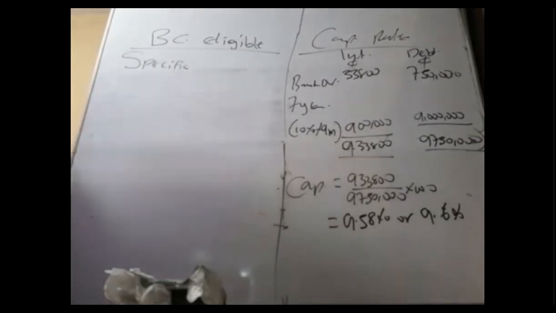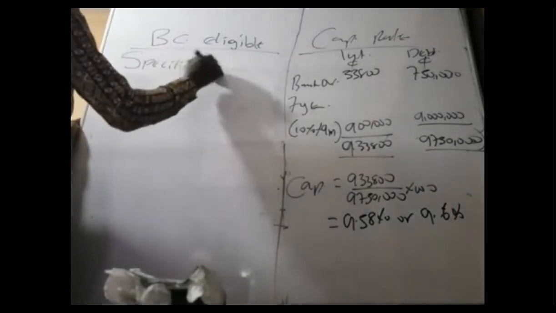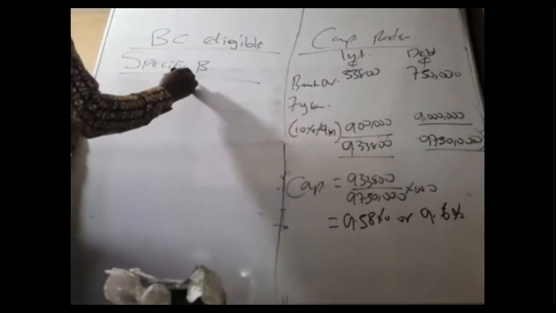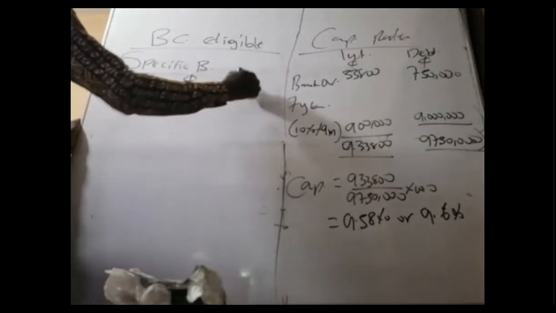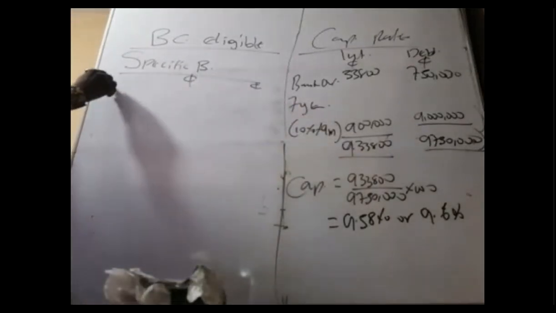So what's the specific borrowing? Let's start with that one first. For that one we need to work out the interest.